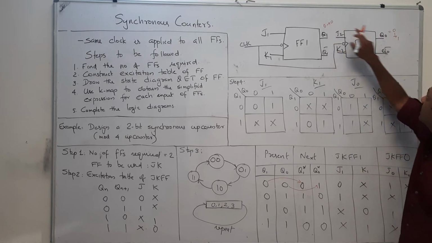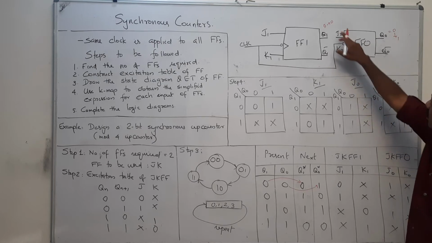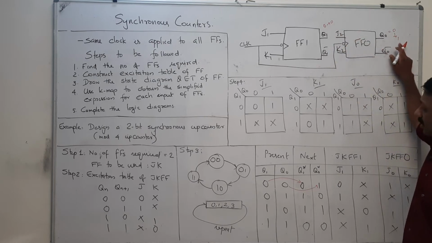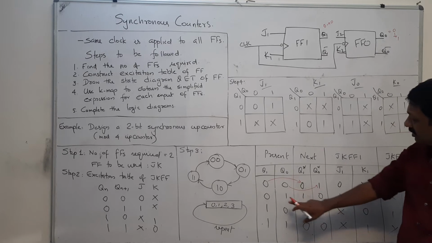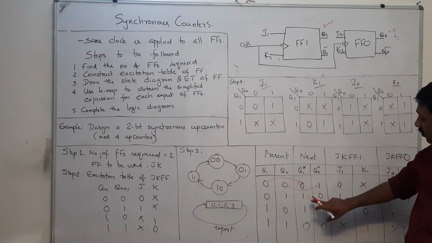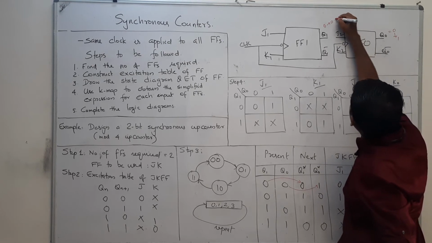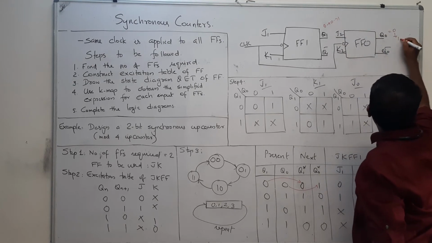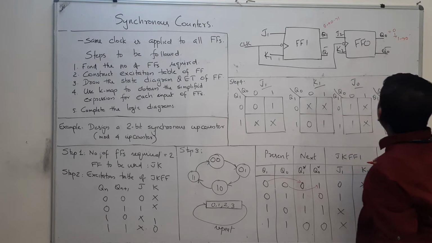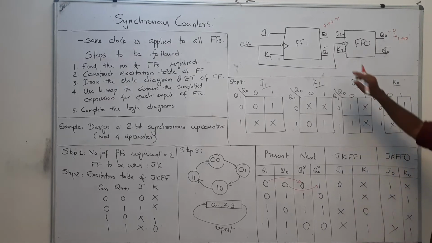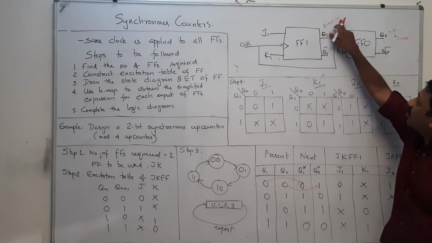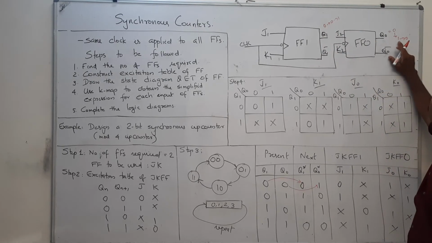Now, the present state is 0, 1. Okay. Now, the next state is 1, 0, so 0, 1 has to be converted to 1, 0. That means this has to be converted to 1 and this has to be converted to 0. That means here there is a 0 to 1 transition and here there is a 1 to 0 transition.